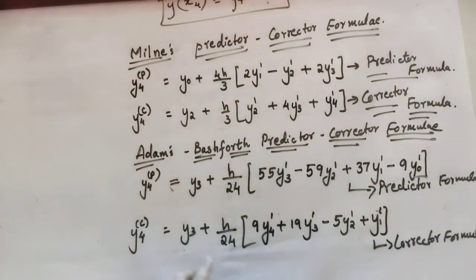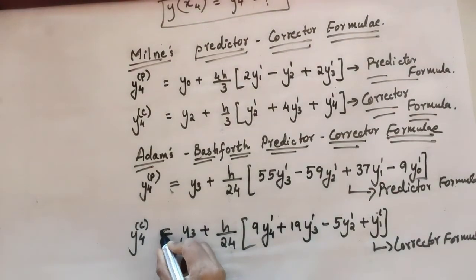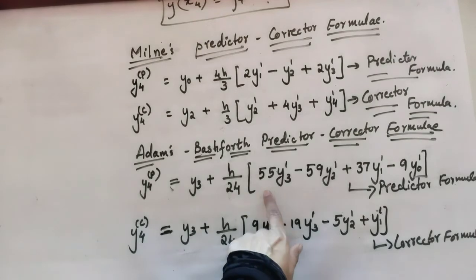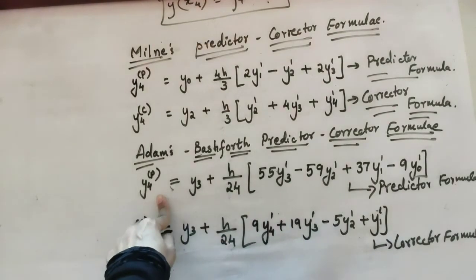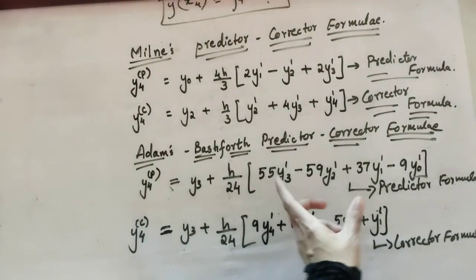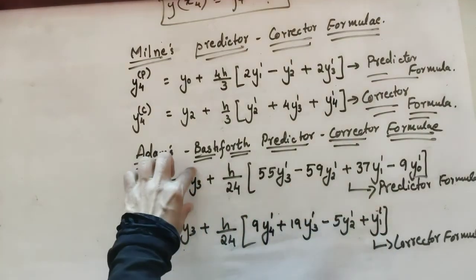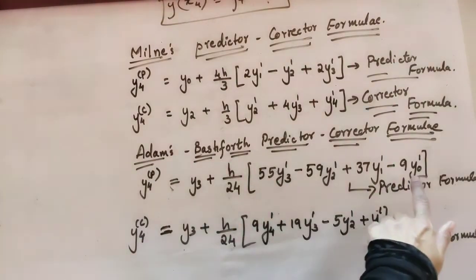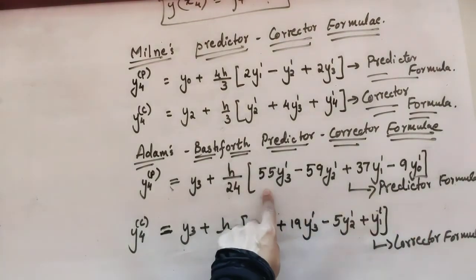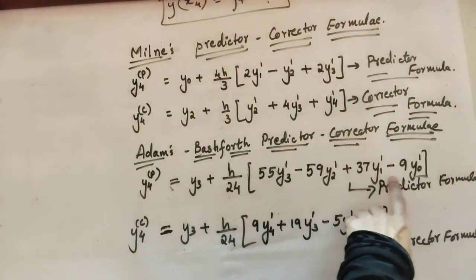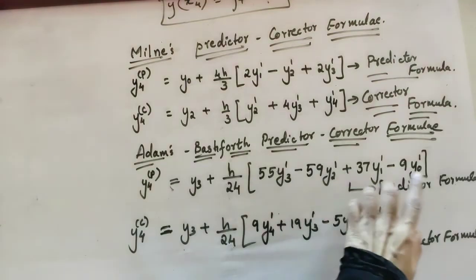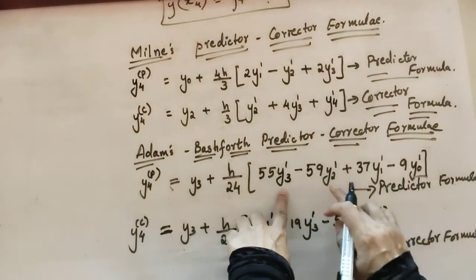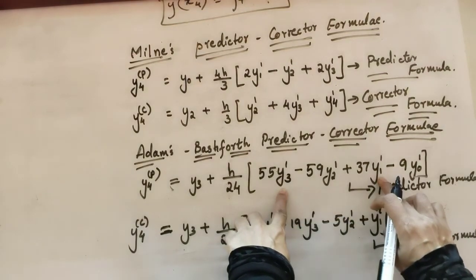I know that the coefficients for the Adams-Bashforth method are quite weird, but still you can try to remember them. For the predictor formula, at least Y3 plus h by 24 is common. When it comes to the predictor formula, you see 55, 59, 37 and 9 with alternate positive and negative signs, and the suffixes for Y dash are decreasing: Y3 dash, Y2 dash, Y1 dash, Y0 dash.